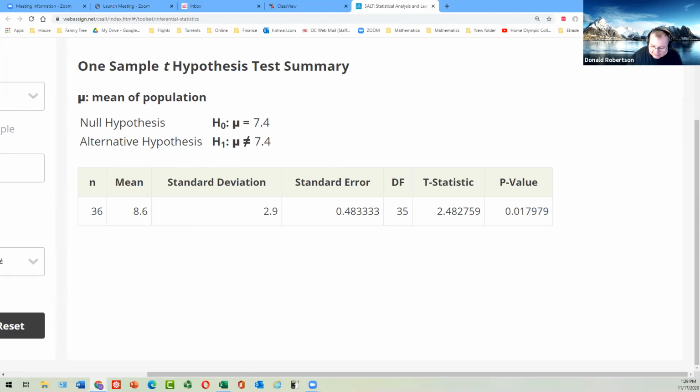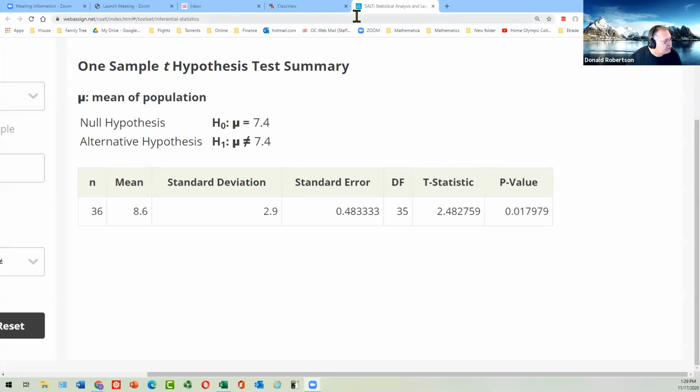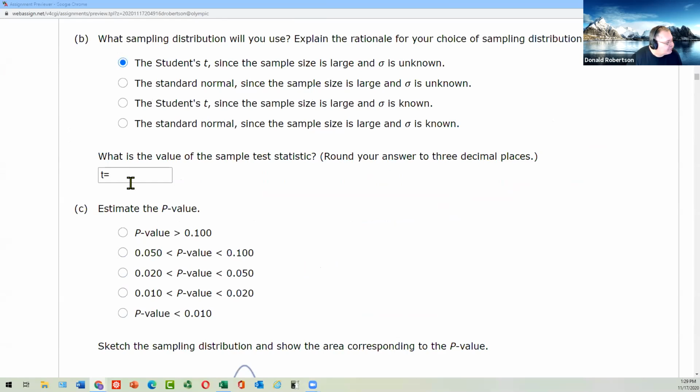So when I go back into here, I should be able to type in the T, which is 2.48. And I wish I could just type in the p-value, but instead I'm going to have to pick one of these.